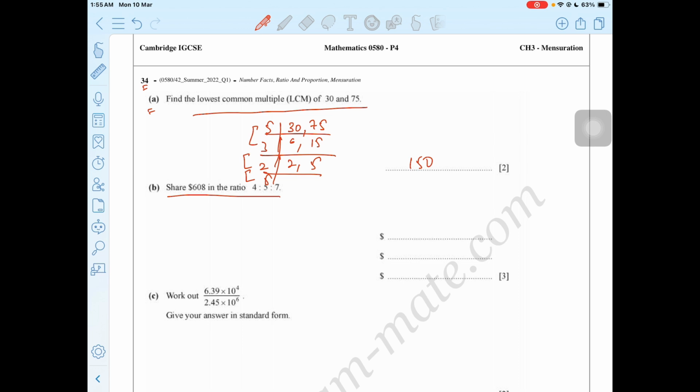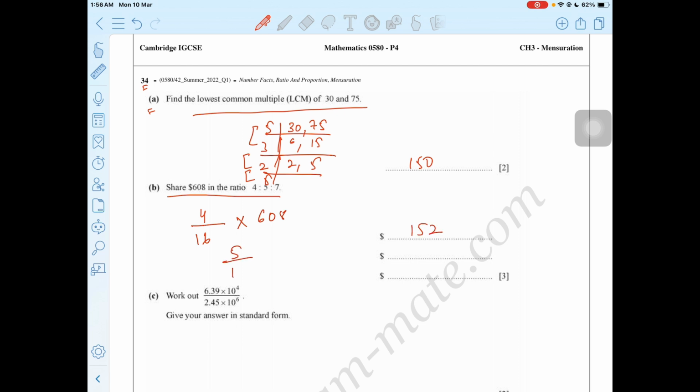Share 608 in the ratio 4:5:7, right? This would be 4 over 4 plus 5 plus 7, which is 16, multiplied by 608, right? So this would be 608 divided by 4 basically. This would be 152, right?